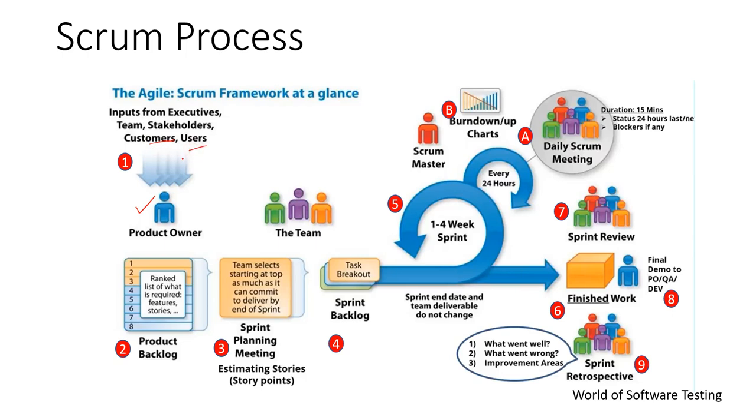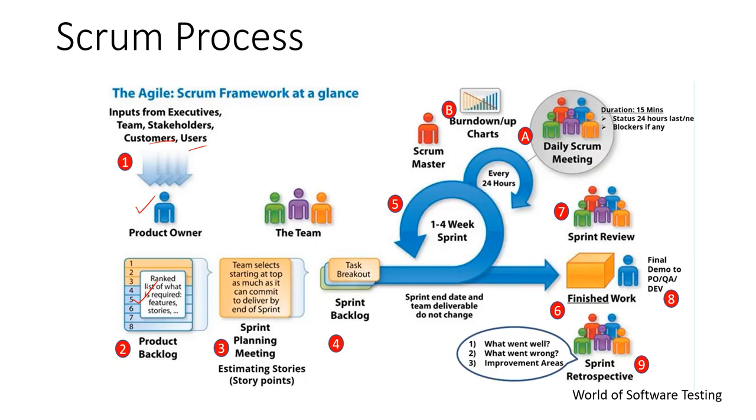Once the product owner gets all the requirements from the stakeholders, he will document all those requirements into one document, that is the product backlog. The product backlog document contains all the requirements or all the inputs from the executives, teams, stakeholders, customers or users. These are the end users actually.